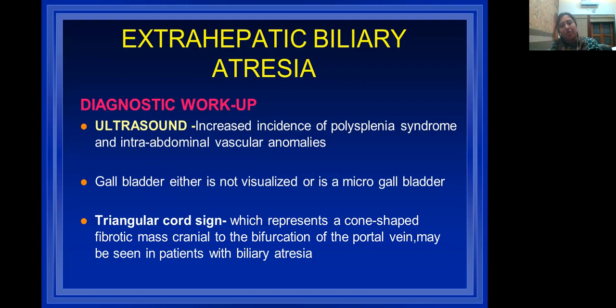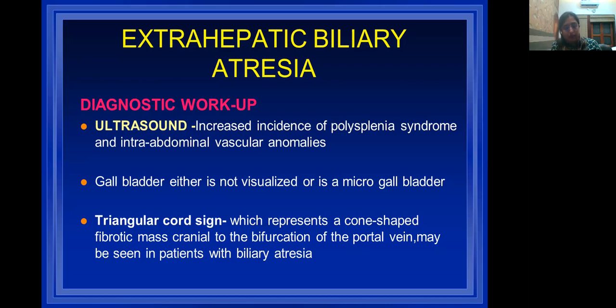So ultrasound has an increased incidence of picking up polysplenia syndrome and other intra-abdominal vascular anomalies. What we are trying to see more importantly is the gallbladder, because the gallbladder is either not visualized at all or is a totally micro gallbladder.